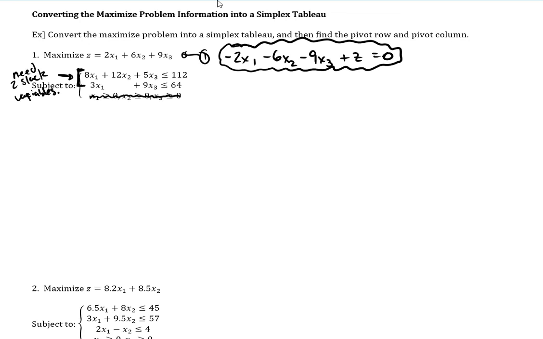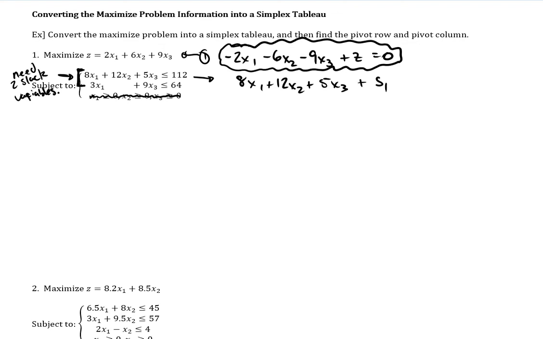To make that happen, I'm going to convert these and put them right next to each other so I don't have to rewrite it. Just write whatever you have: 8x1 plus 12x2 plus 5x3. Here we say that plus something would make it no longer less than; it would make it equal.